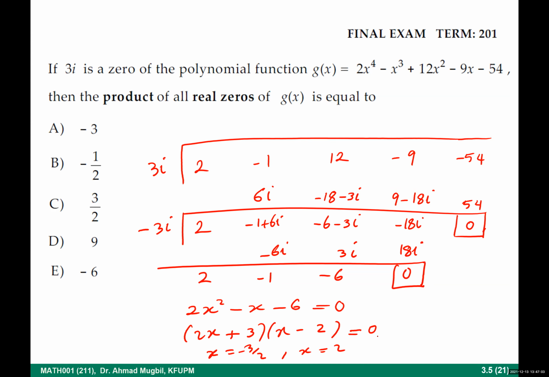And the product of them is what? -3. In fact, we can have the product by another way, just we make sure that they are real. It will be c/a, -6/2, which is -3. So the product is -3/2 multiplied by 2, which is -3. From the original equation, the product can be also calculated this way. Yes, from section 1.4.